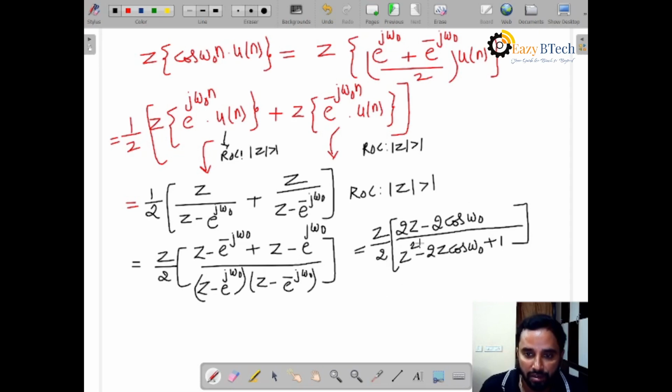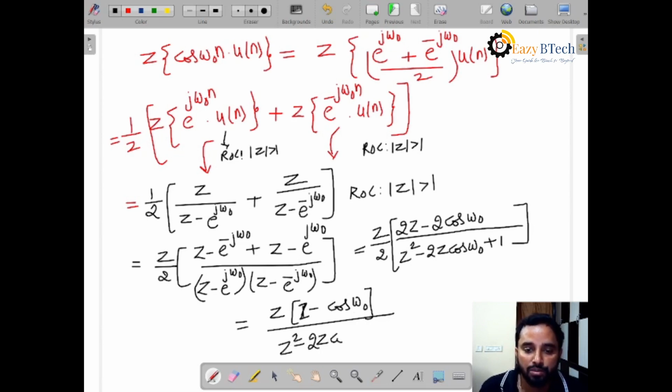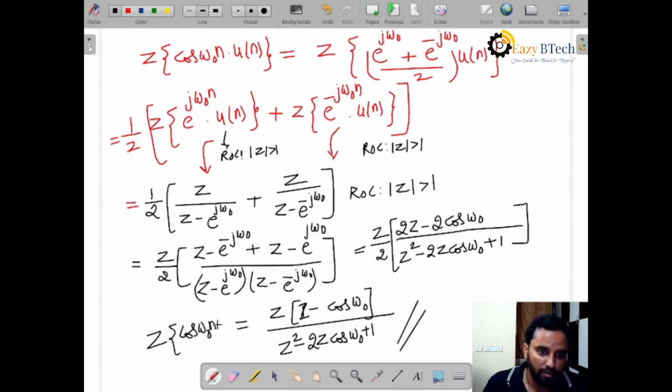So in the numerator and denominator 2 gets cancelled. So z into z minus cos omega naught, divided by z square minus 2z cos omega naught plus 1. So this is the Z transform of cos omega naught n U of n, right?